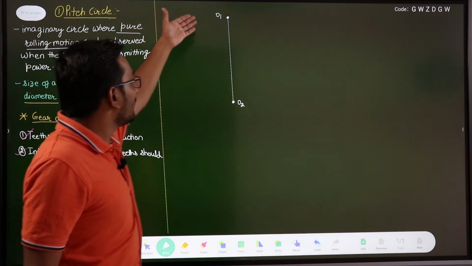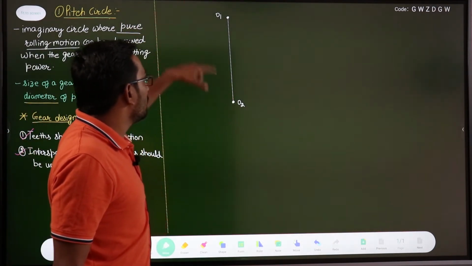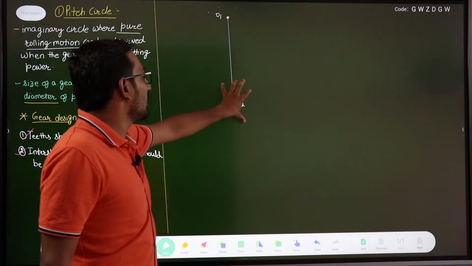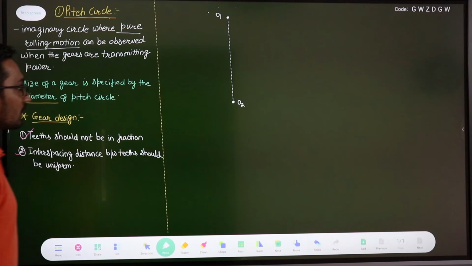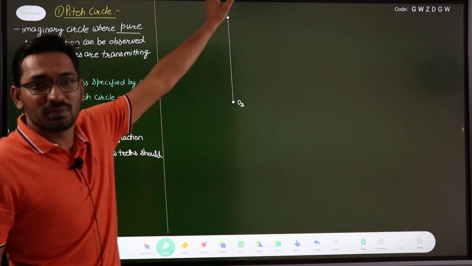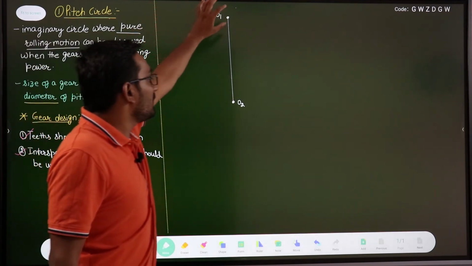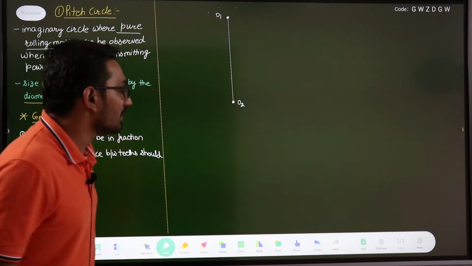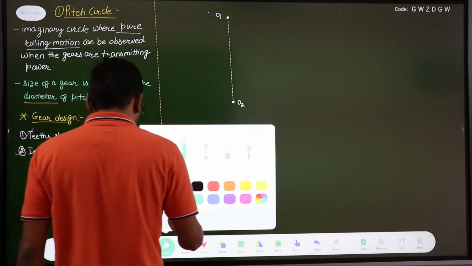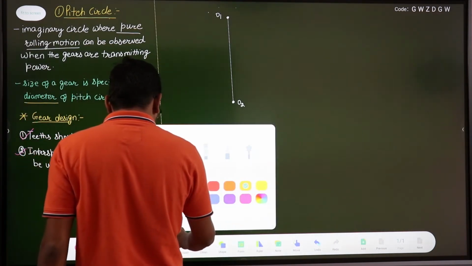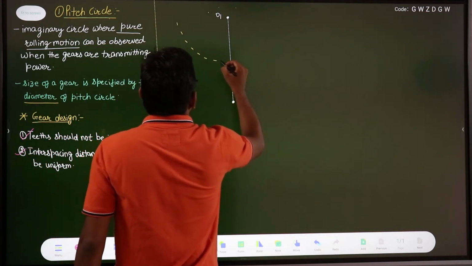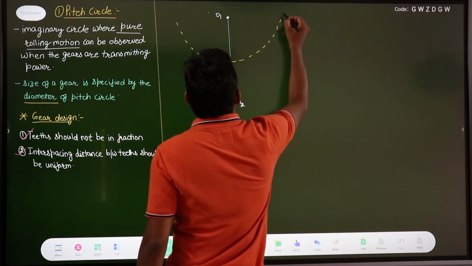How can we transfer the power from O1 to O2? We can use gears. We can mount one gear on this shaft and one gear on the other shaft, right? The gear which is mounted on the input shaft is known as pinion in general language, and this is known as gear, right? Suppose I mounted two gears on these two shafts, and this is the pitch circle of the gear which is mounted on shaft O1, right?